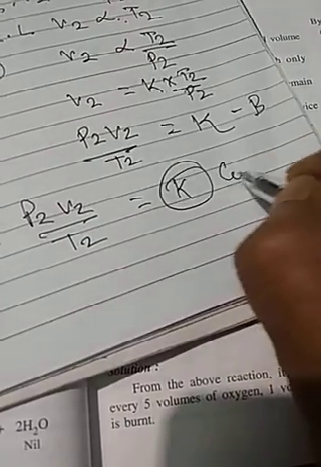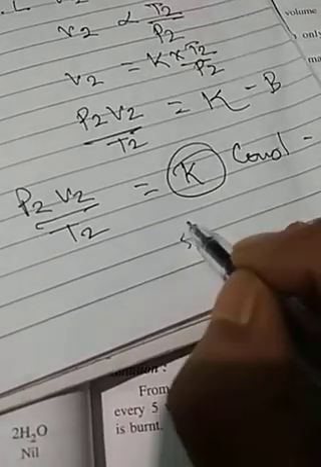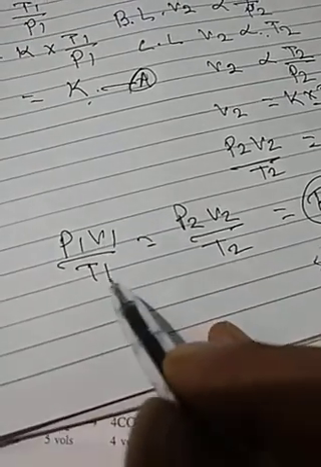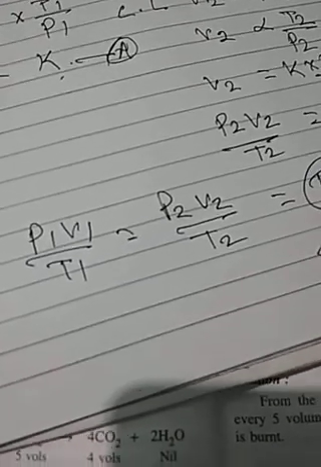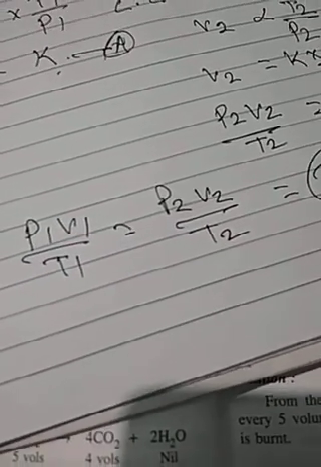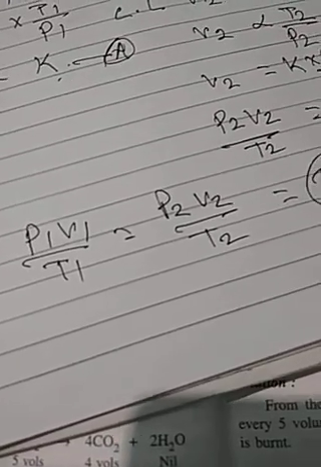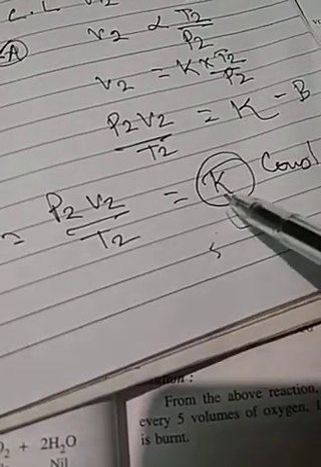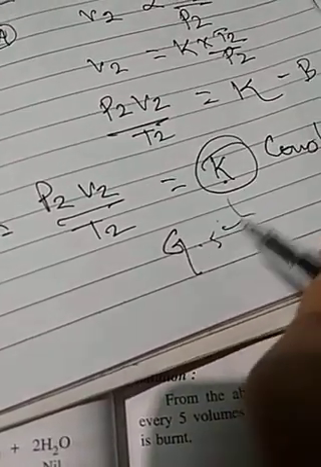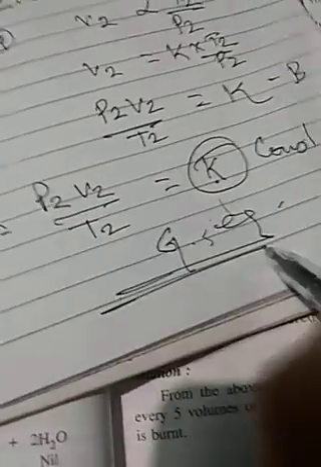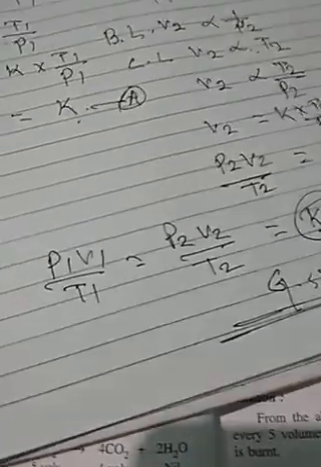If we do the next experiment, it will be P3 V3 by T3, P4 V4 by T4. The value will always be the same. This is called your gas equation.